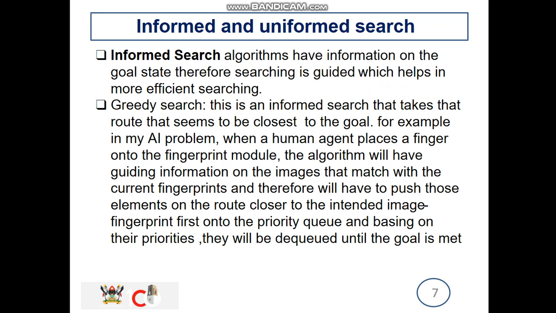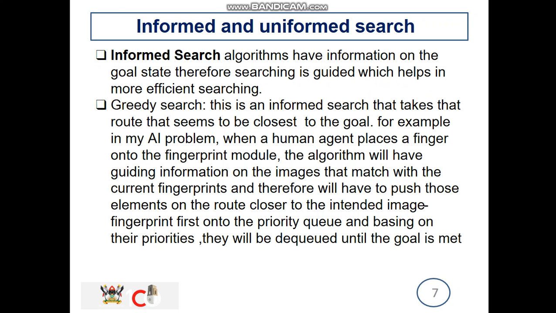Then I go to informed and uninformed search. I will first throw more light on the informed search. Under informed search, algorithms have information on the goal state. Therefore the searching process is guided with the help of more efficient searching information. So there is information of what you actually search for.